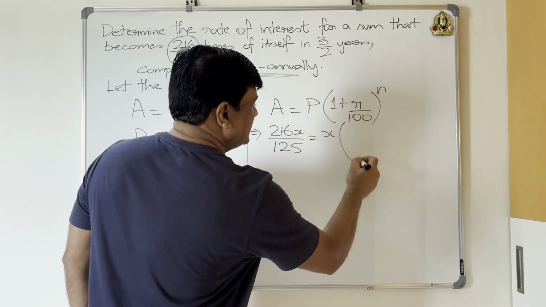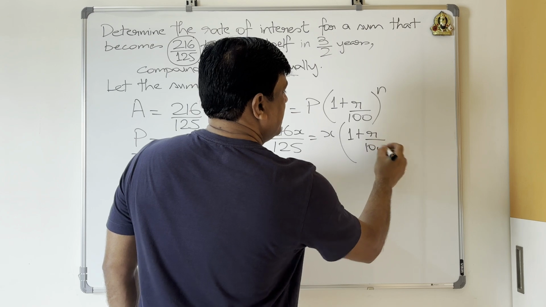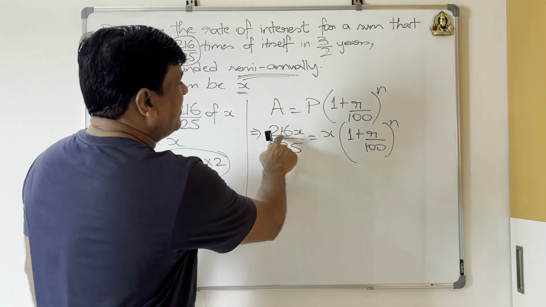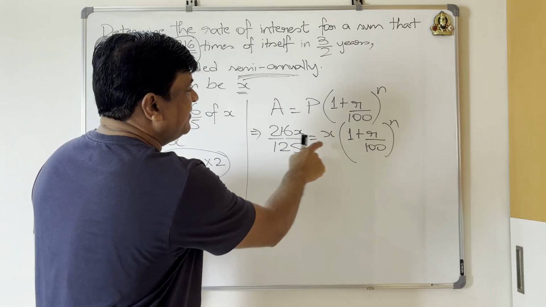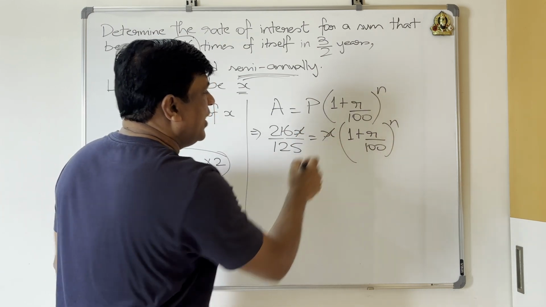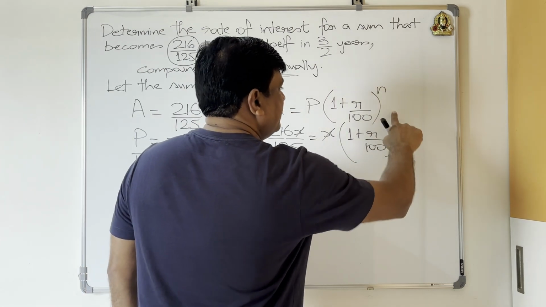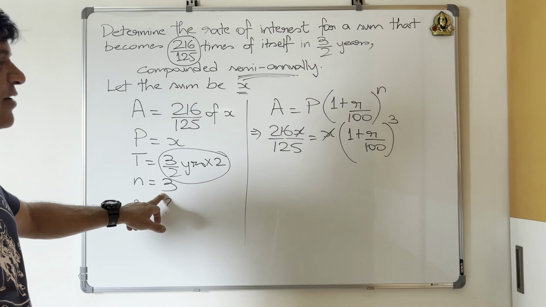It is x times 1 plus R by 100 to the power n. Now x is multiplied on both sides, so you can go ahead and cancel x. What is n? n equals 3, that is what we have from here.